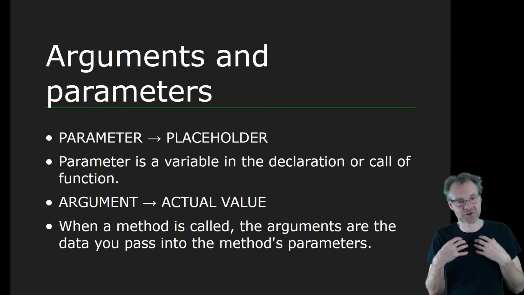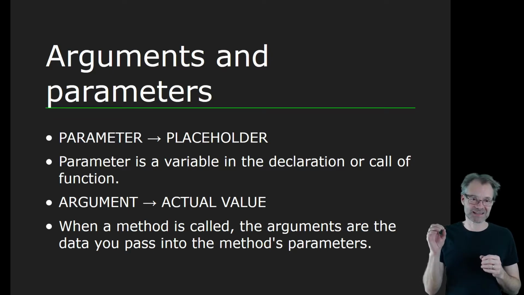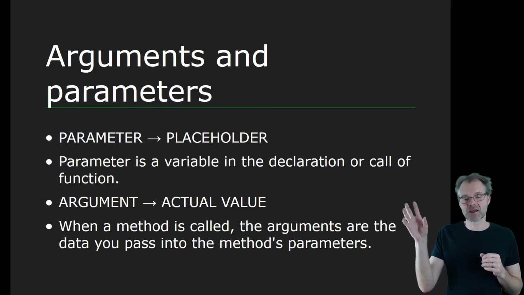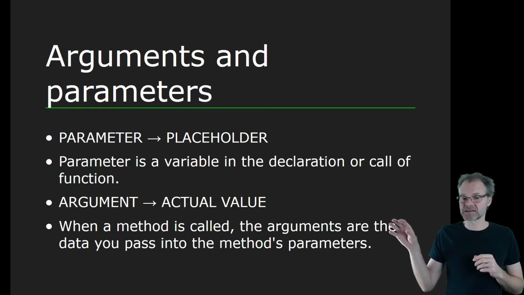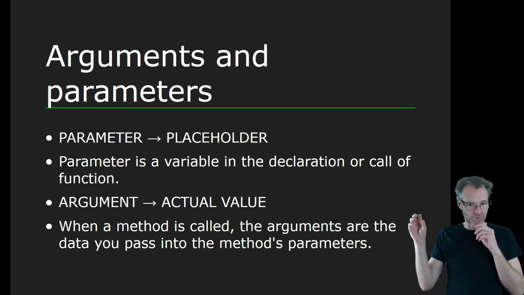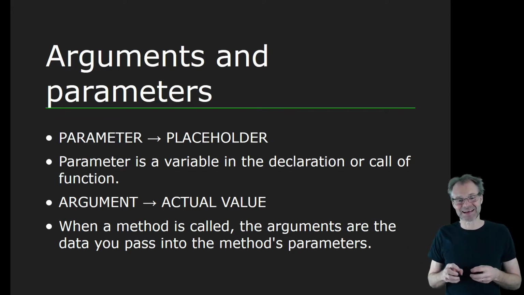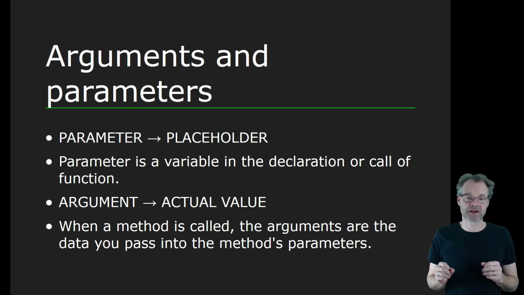I mix these together, so I'm a bit bad at this, but still, let's try. So parameters, they are the placeholders, P P. A parameter is the variable in the declaration or the call of a function. That is the holder of a value. The argument, however, is the actual value. Argument, actual value, A A. So when the method is called, the arguments are the data that is passed into the method's parameters.